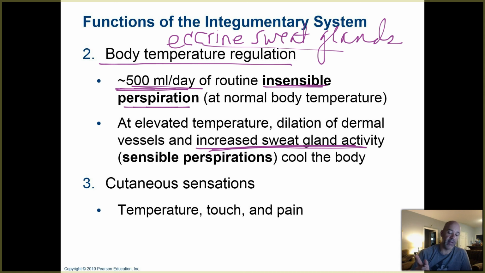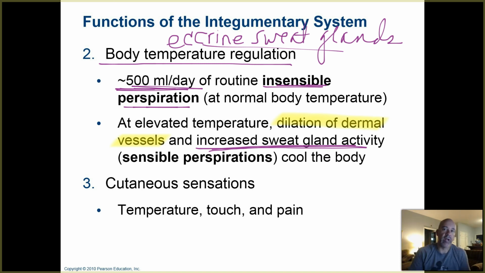Another thing that happens to help you control your body temperature, which is important, dilation of dermal blood vessels. When you were studying the skin anatomy, you saw those blood vessels passing through there. If those blood vessels dilate, that means that they expand in size.